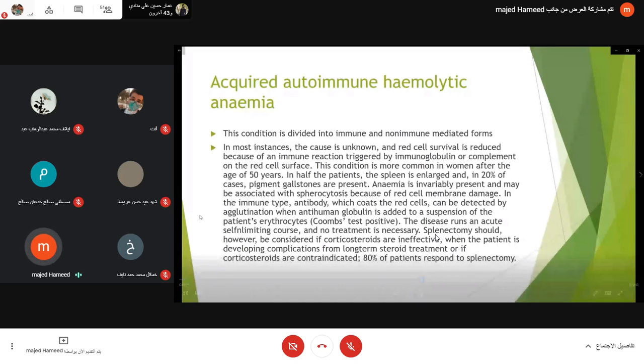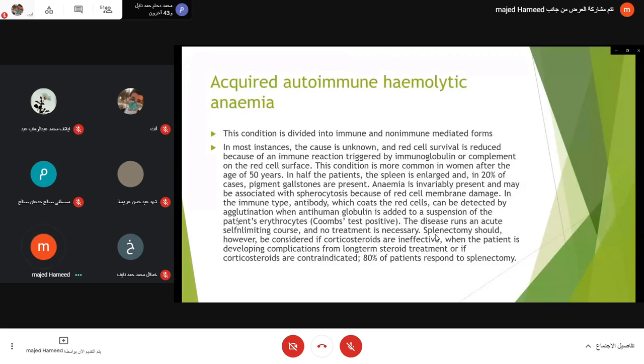Acquired autoimmune hemolytic anemia: this condition is divided into immune and non-immune mediated forms. In most instances, the cause is unknown and red cell survival is reduced because of an immune reaction triggered by immunoglobulin or complement on the red cell surface. This condition is more common in women after the age of 50 years.